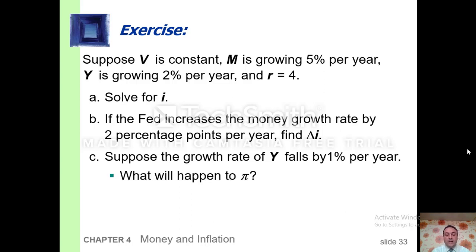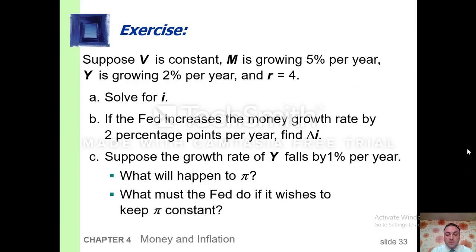We need to know what will happen to the inflation rate, and what must the central bank do if it wishes to keep the inflation constant. Okay, try to pause the video and think about these questions and solve them, and then get back and check your answers.